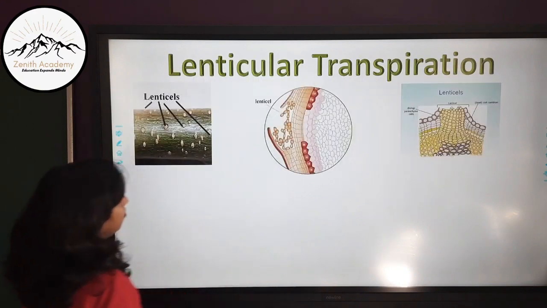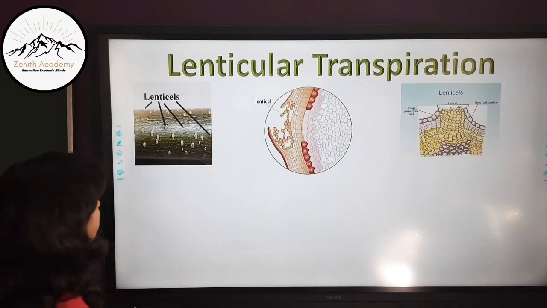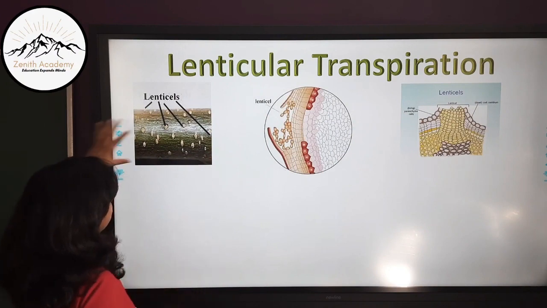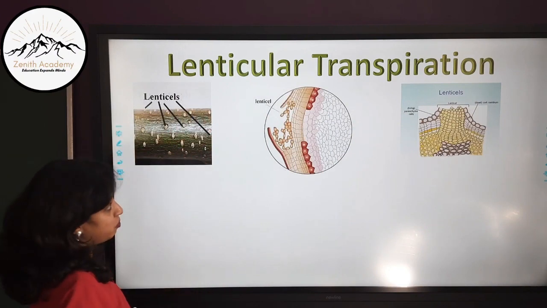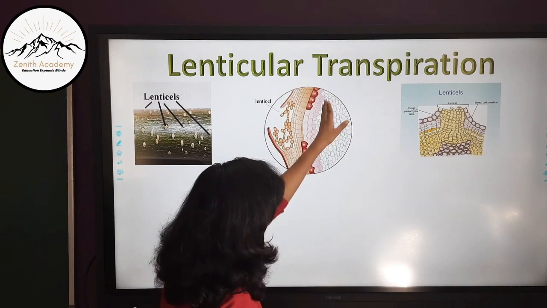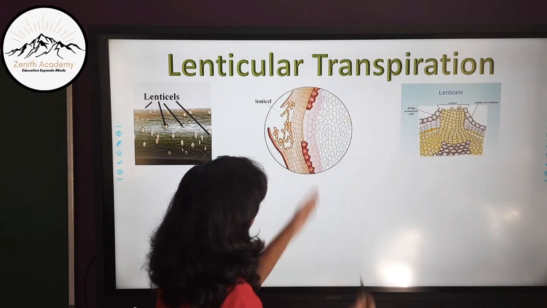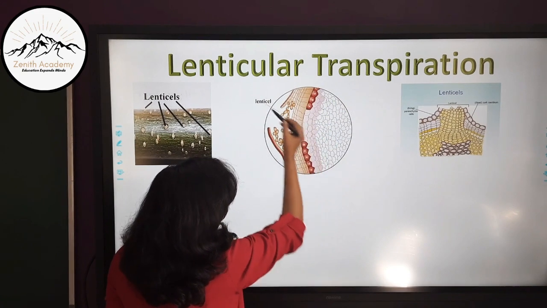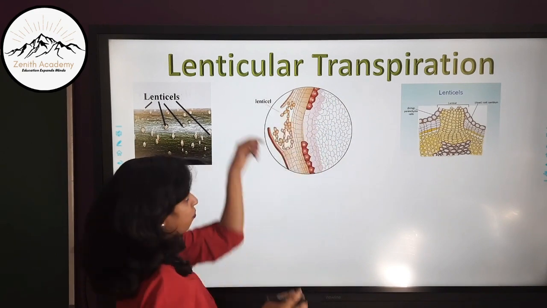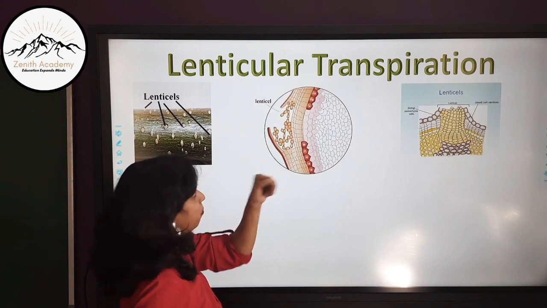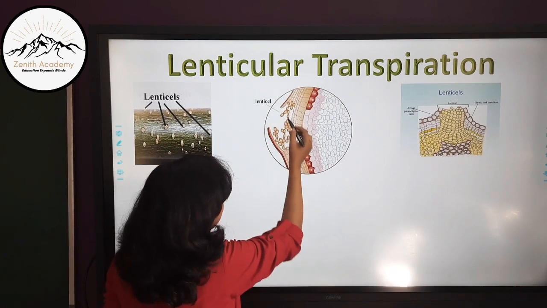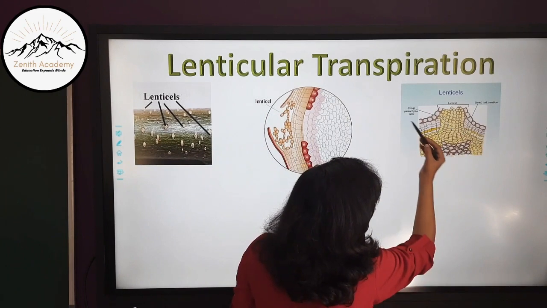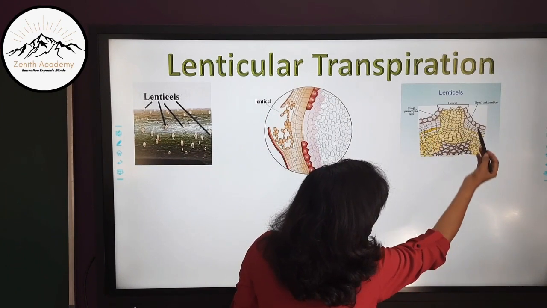Now let's talk about lenticular transpiration. Can you see these lenticels? They are on the stem, mostly on the old stems of the plant. See these mesophyll cells, then the epidermis and then the cuticle. Whenever they break because of wear and tear and because of the age of the plant, these lenticels are exposed.